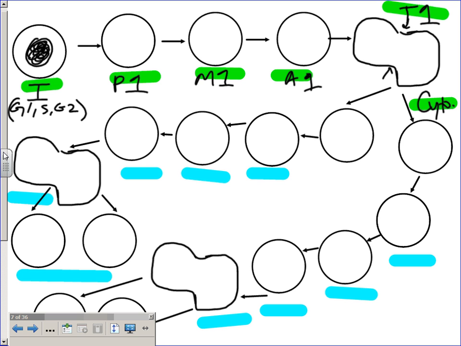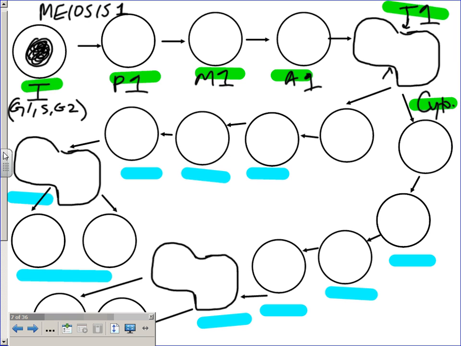It's just called cytokinesis. Okay, so this whole prophase 1, metaphase 1, anaphase 1, telophase 1, that whole thing to 2 cells, that's totally called meiosis 1. Okay? We've gone through the first steps of meiosis.